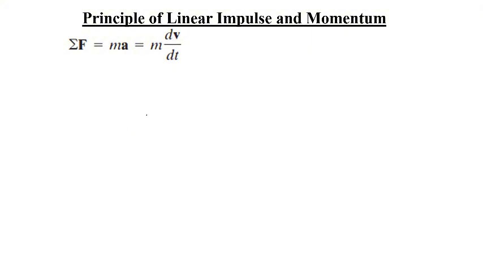We can rearrange the terms and integrate between the limits: at time t equals t1, v will be equal to v1, and at time t equals t2, v will be equal to v2.